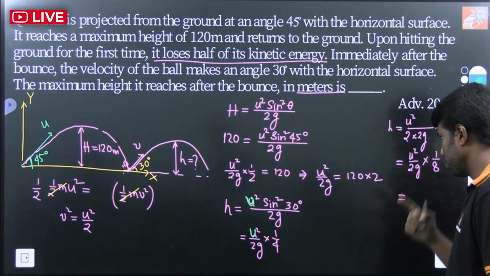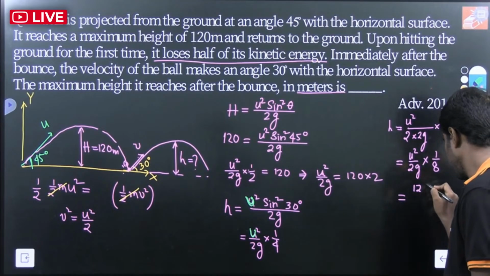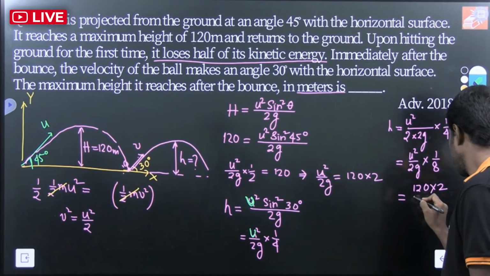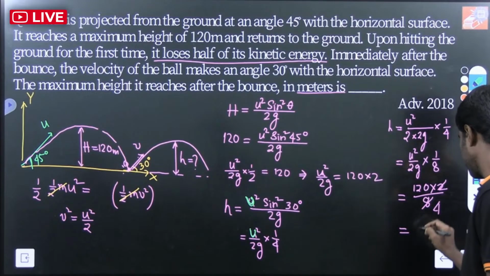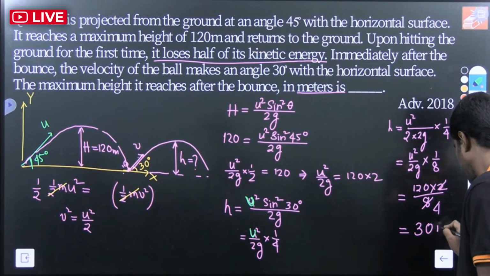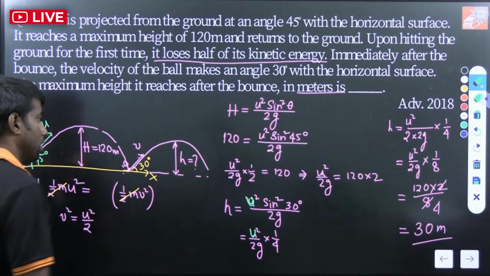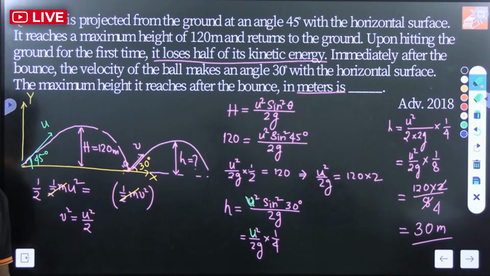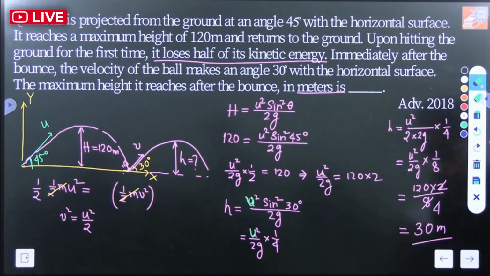Now u square by 2g is our 120 into 2, divided by 8, so we have 4 there. So 120 by 4 gives you 30 meter. So 30 meter is the answer. Clear? So now we'll go to the next question.